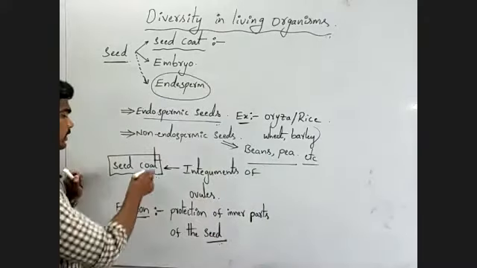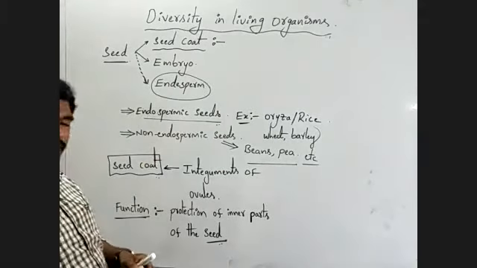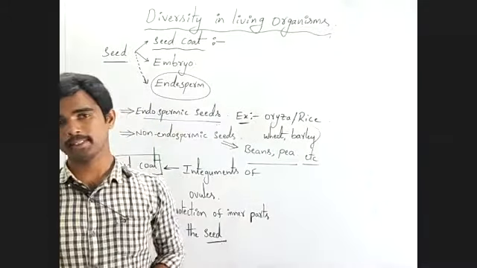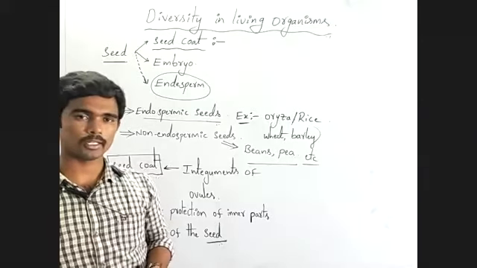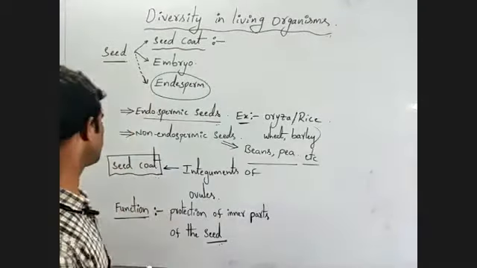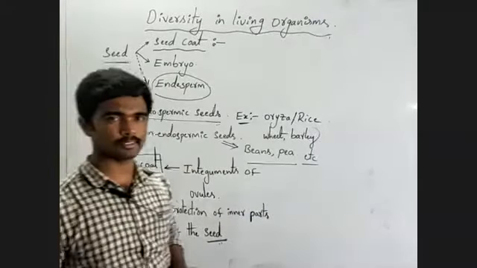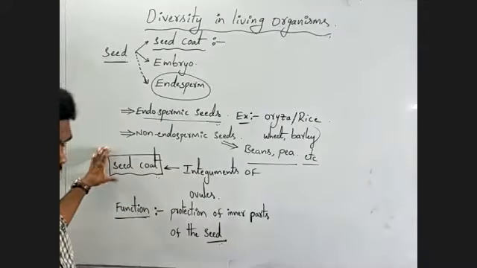This is the main function of the seed coat. The color of the seed coat varies from species to species. Maximum brown color, light brown, dark brown color is present in most seeds. Observe carefully. This is a seed coat.